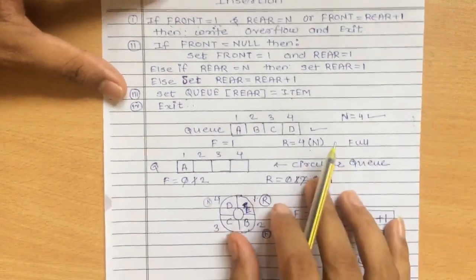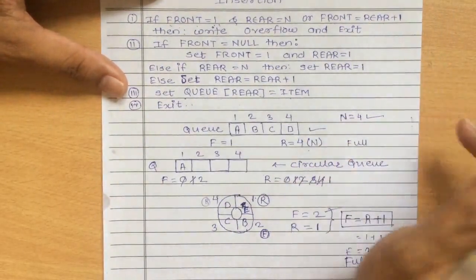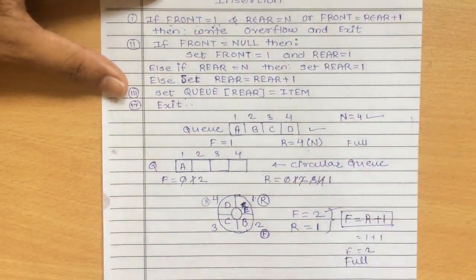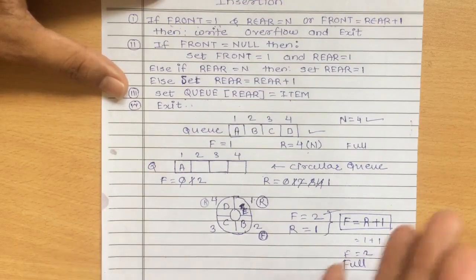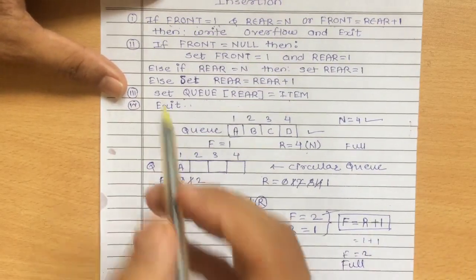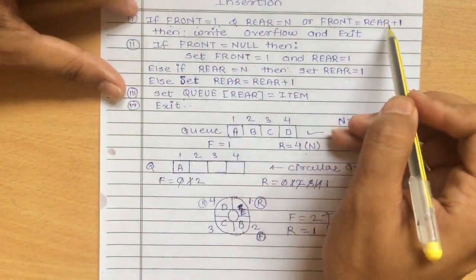Or the second possibility: if front is equal to rear plus 1, it also indicates my queue is full. So while inserting any element in the queue, we have to check these two conditions to check whether the queue is full or not. I hope you understand why I have written this first step.